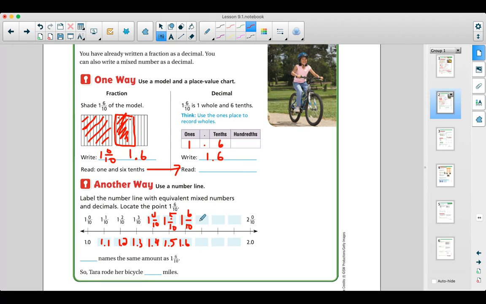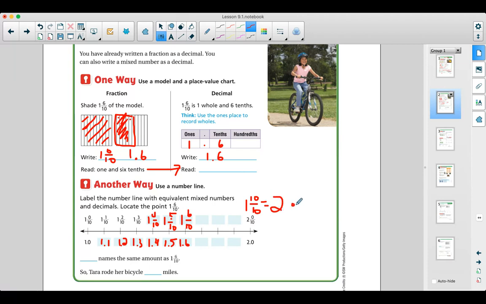And this would be 1 7/10, 1 8/10, 1 9/10. This would be 1 10/10. And we know that 10/10 is equal to 1, so that equals 2.